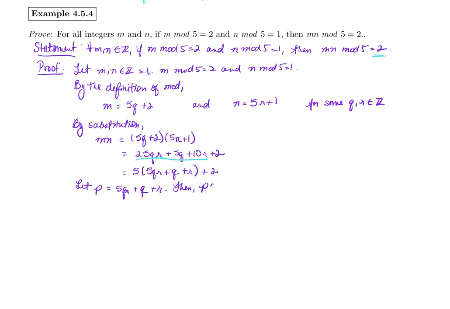Then we know that p is an integer because integers are closed under, and what did we use here? We used multiplication and addition. Oh, I realized my r got a little, there we go, I'll fix that. Integers are closed under multiplication and addition.